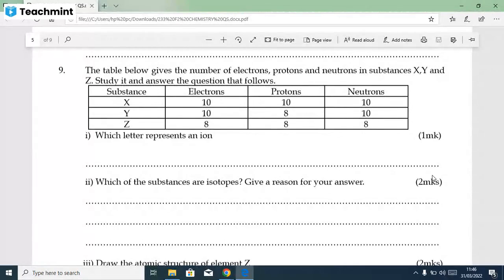Why? 10 electrons, 8 protons. Because in an atom, the number of electrons equals the number of protons. So if you have 8 protons and 10 electrons, there is a gain of 2 electrons. Yes, you are correct.